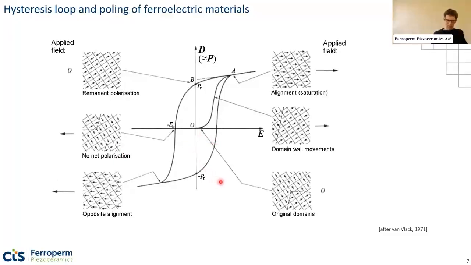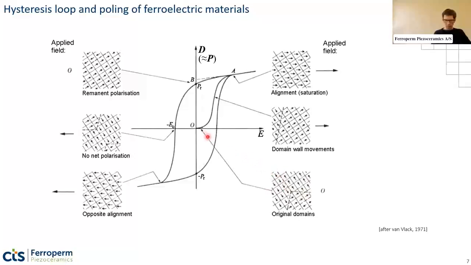You should imagine a piezoelectric ceramic material as a material with random orientation of the grains, and therefore you have no net piezoelectricity. You can see all these dipole arrows are pointing in random directions.